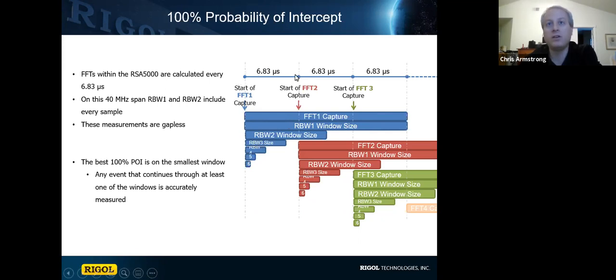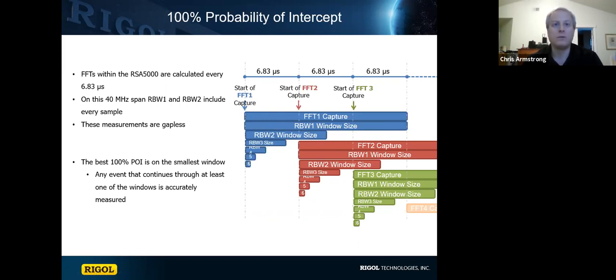In this mode, these instruments can do a capture every 6.83 microseconds. So we can use the wide RBW windows, RBW1 and 2, so the signals are always overlapping, so we're never not using any data, so we're never missing signals. But then you can also tighten down all the way to 6, which gives you more accurate power.